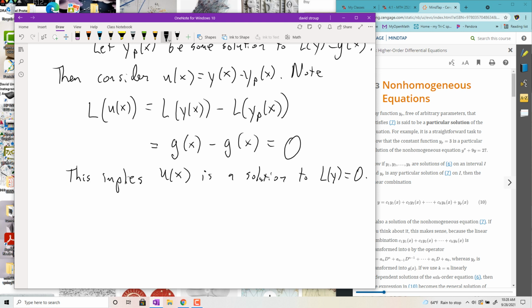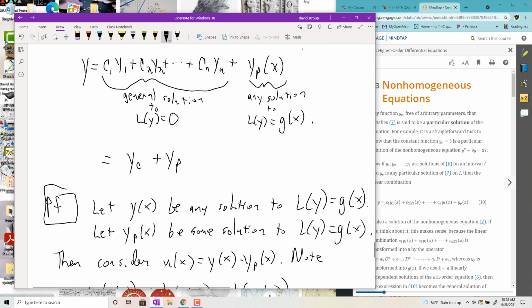Okay, so what? Well, then you could describe u of x using the general solution to the homogeneous equation. So thus, u of x, which is really just y of x minus y sub p of x, you could set it equal to some version of the general solution to the homogeneous equation, that y sub c thing from above.